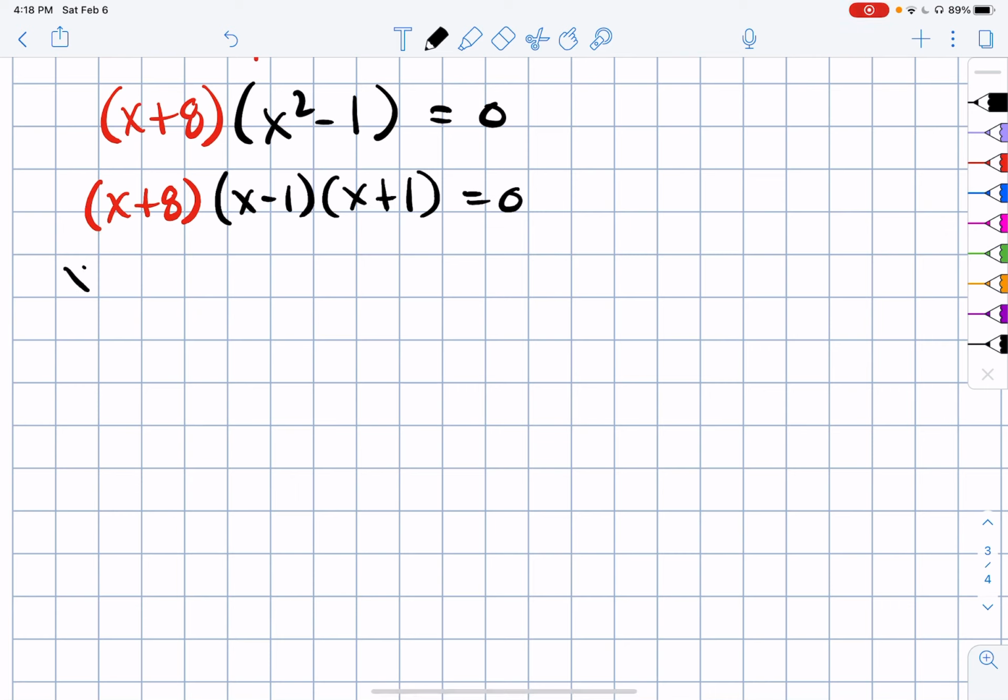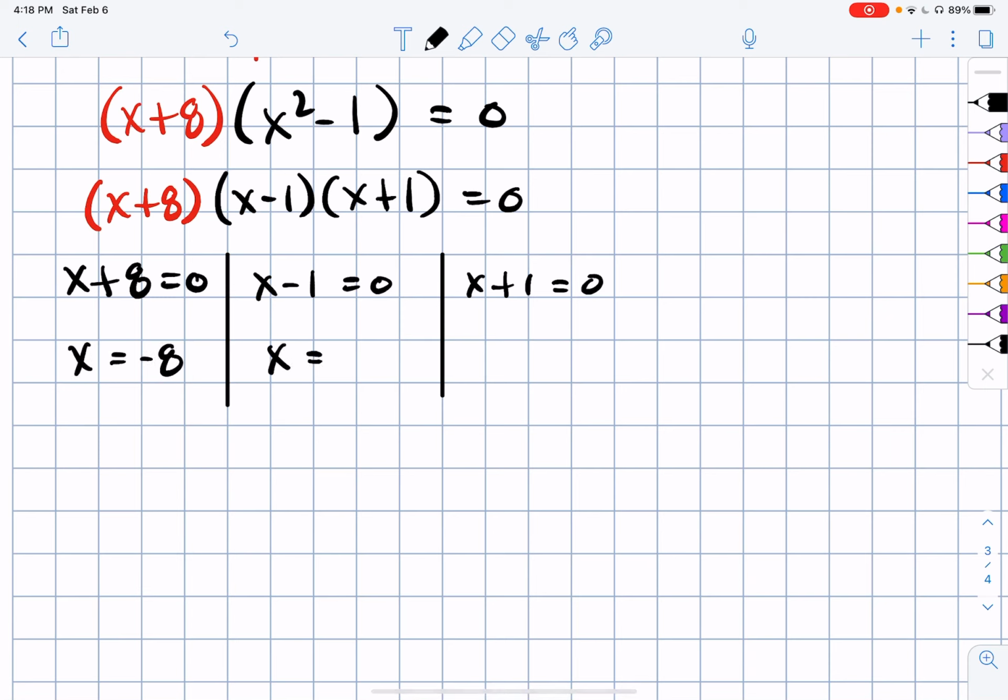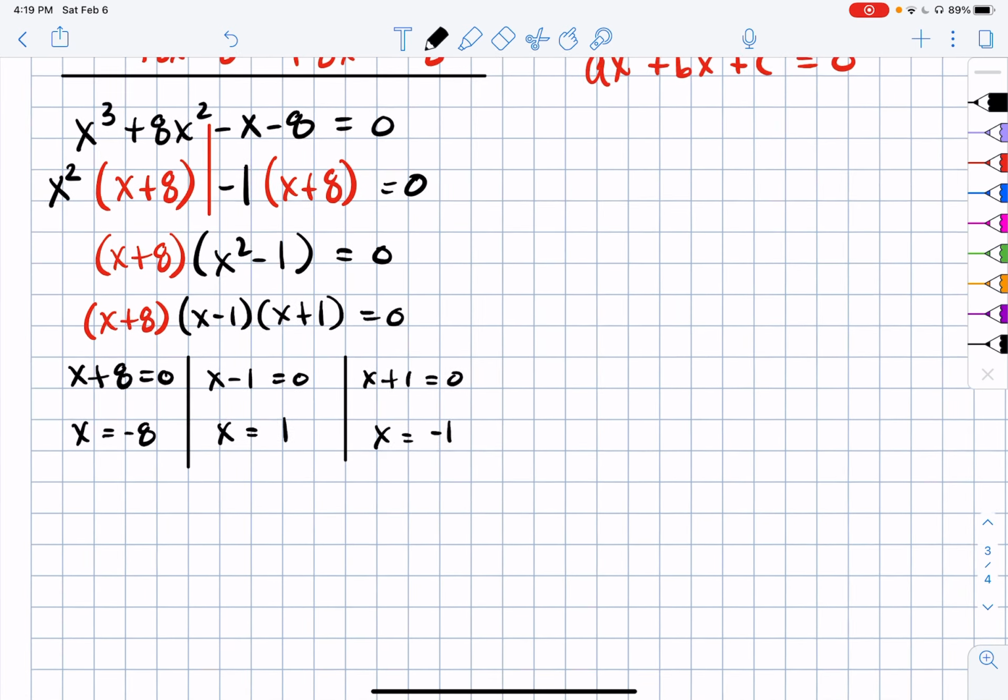So that means I have x plus 8 equals 0, x minus 1 equals 0, and x plus 1 equals 0. So x equals negative 8, x equals 1, and x equals negative 1. So there are my three answers.